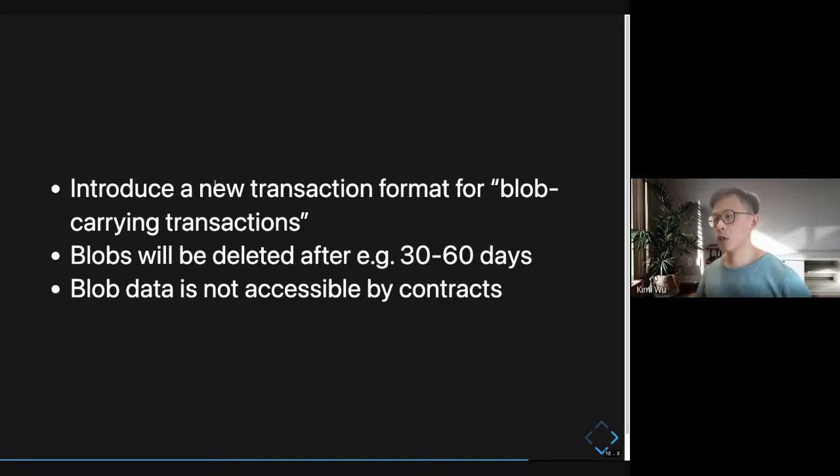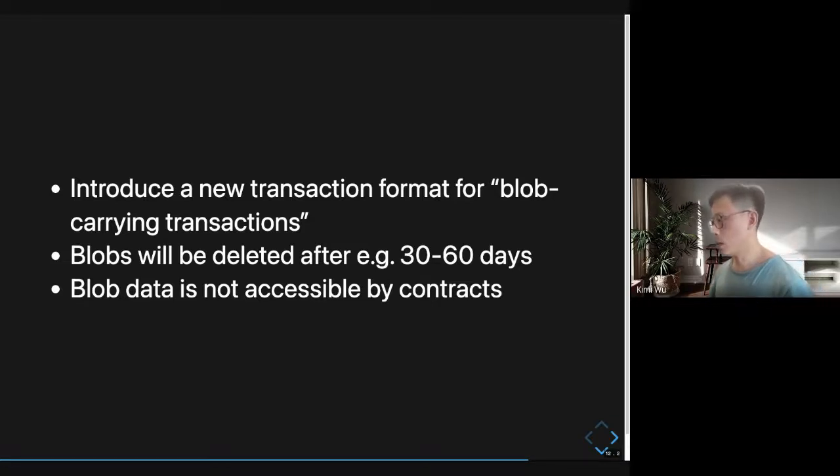Basically it introduced a new transaction format which can carry blob data, and you can carry more data in a blob transaction. The blob will be deleted after 30 or 60 days. It's not finalized, and the blob data cannot be accessed by contracts.